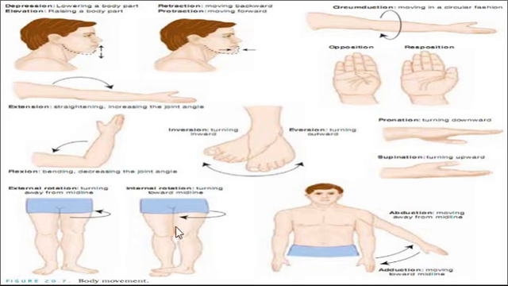Your hips, you're doing internal and external rotation, and abduction, adduction with your arms and with your legs. Adduction, you're bringing them in. Abduction, you're bringing it out. Same thing with the arm, bringing the arm to the body is adduction, out from the body is abduction.